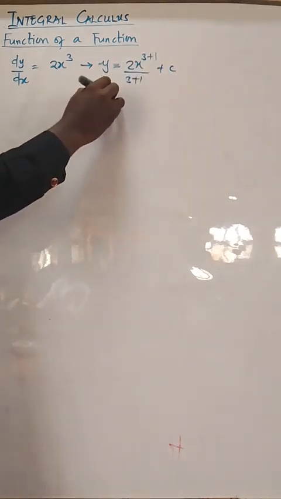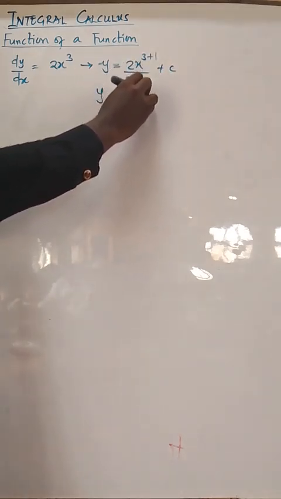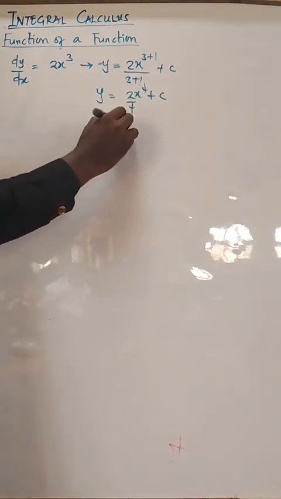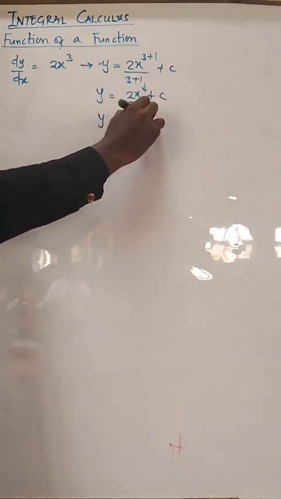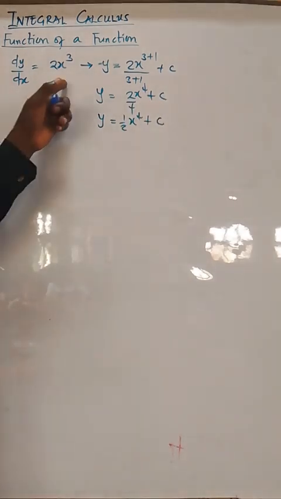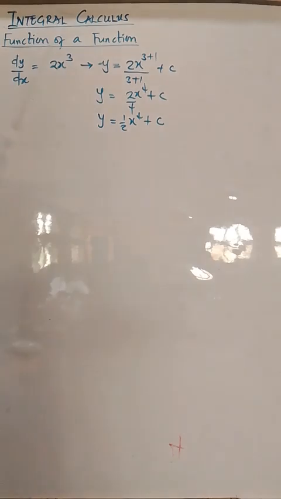So it means y equals 2x raised to power 4 over 4 plus c. So y equals half x raised to power 4 plus c. The integration of polynomial, or this of a monomial.